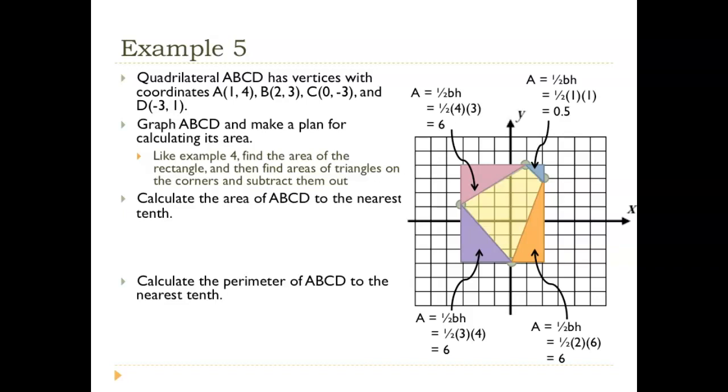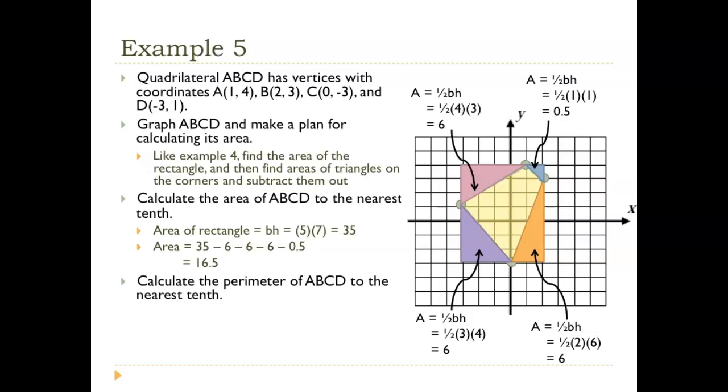So now we need to find the area of the larger rectangle. That would be 5 times 7, which is equal to 35. And then we can subtract all 4 of those triangle areas from 35. So this would be 35 minus 6 minus 6 minus 6 minus 0.5, which is equal to 16.5. So the area of quadrilateral ABCD is 16.5.